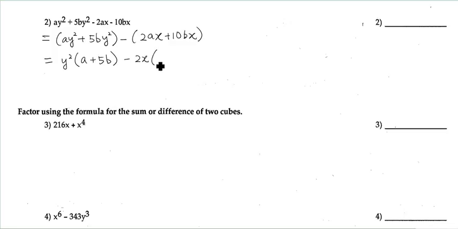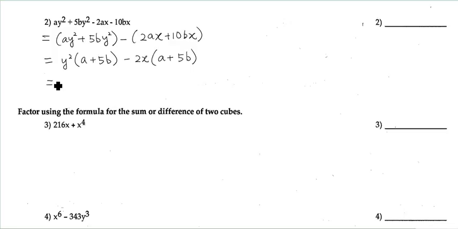So we factor out the 2x, and then we will have the A plus 5B. Now, just because in the first one we have the A plus 5B doesn't mean the second group must have A plus 5B. You really need to work it out and see if they are the same. If they are not the same, you cannot continue to factor.